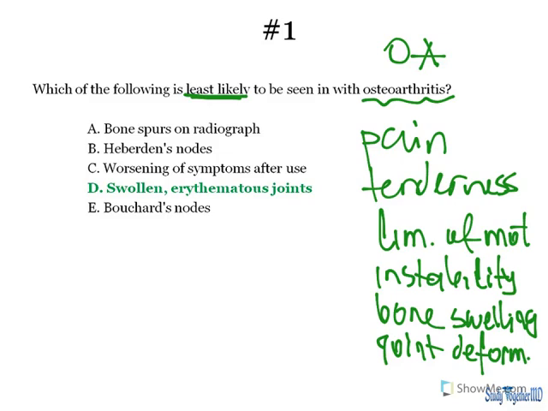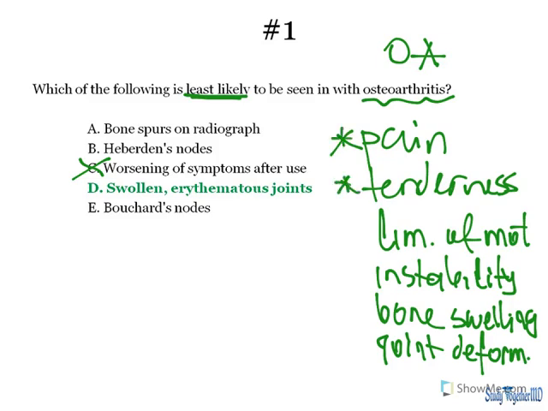Okay, so when it comes to pain, pain in OA is worse with joint use, and it's relieved by rest. Okay, so there we go. So morning stiffness lasts usually less than 1 hour. And we have tenderness.